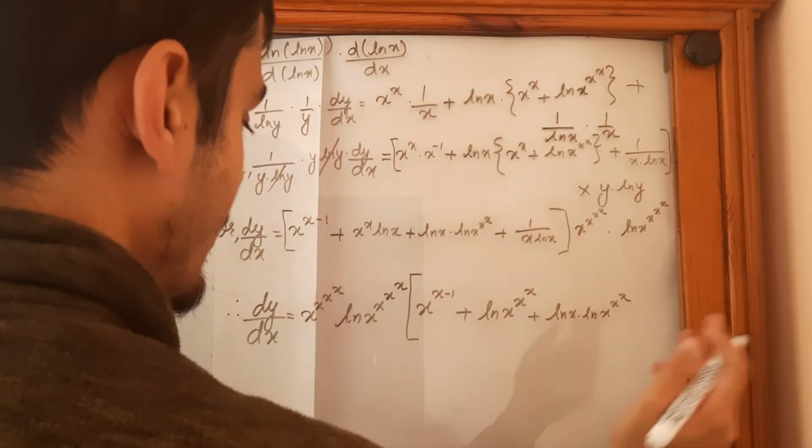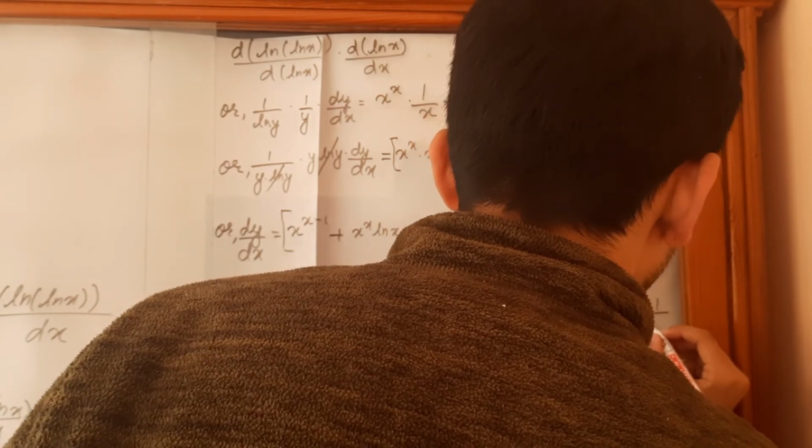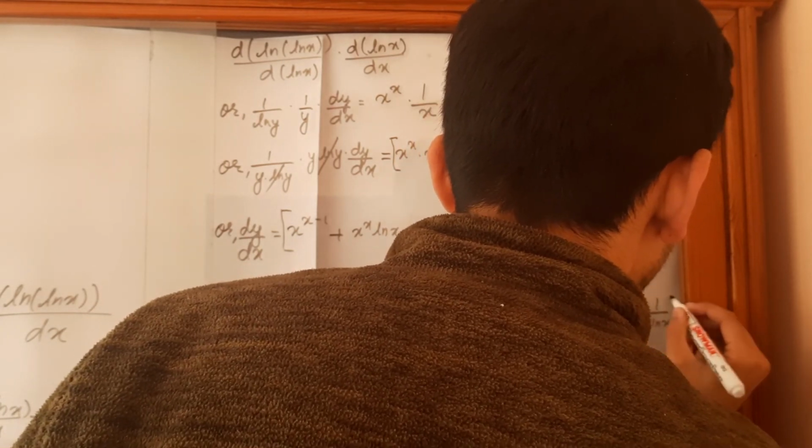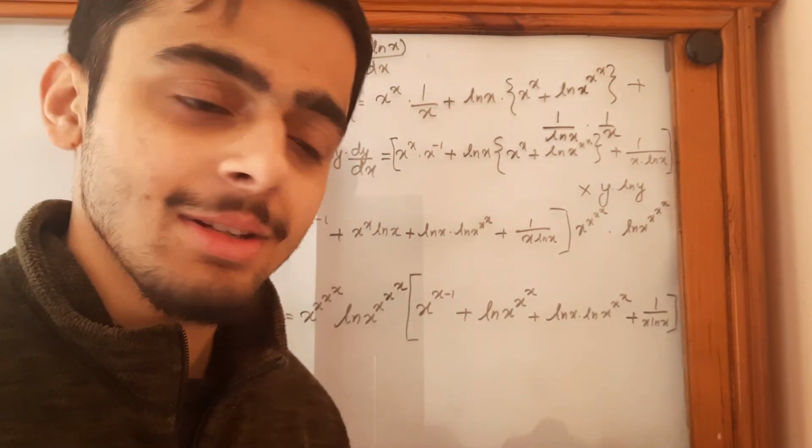We can take these common and do all sorts of things, but let's not do that. 1 upon x ln x, and this is the final answer to this question.